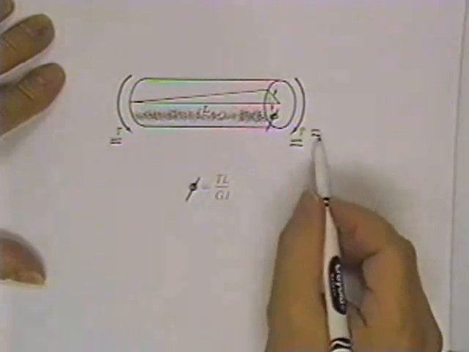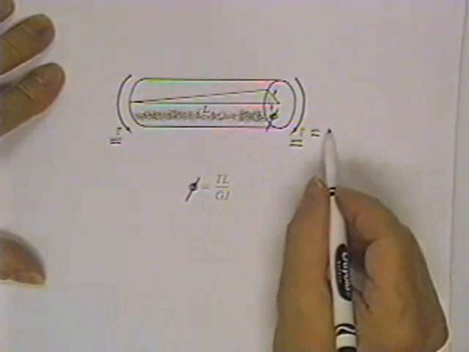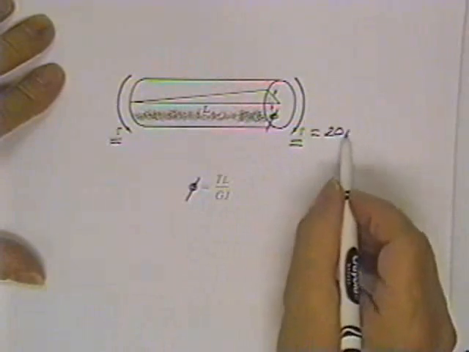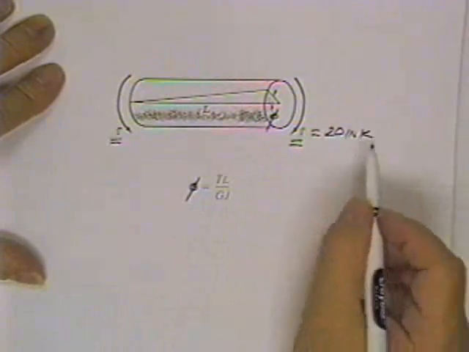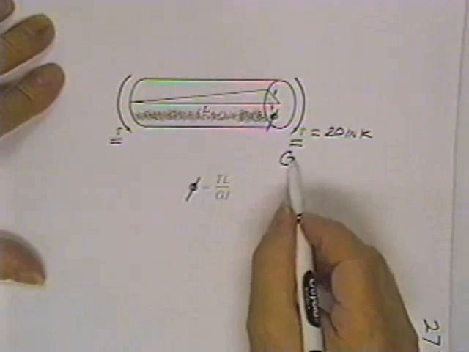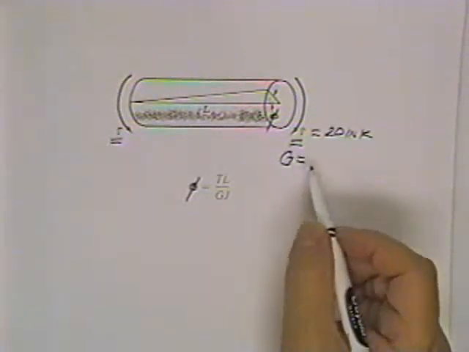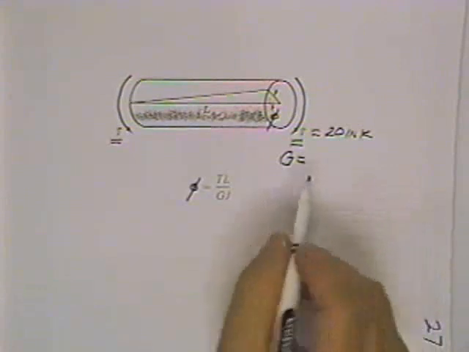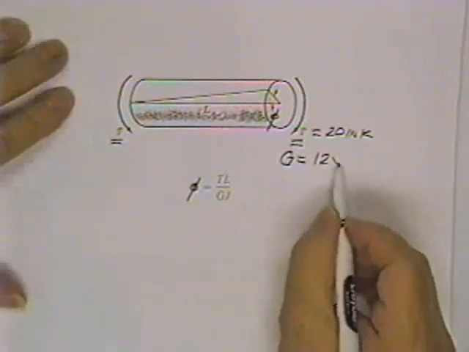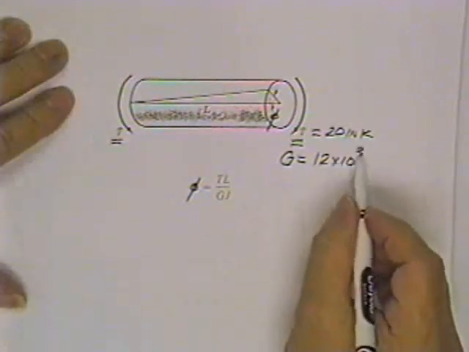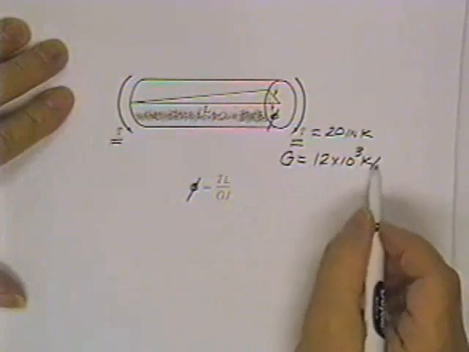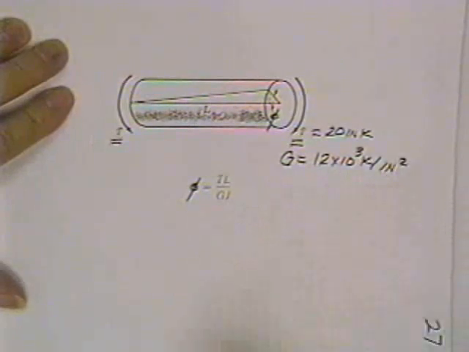So for example, if the torque was 20-inch kips, if the material was steel, modulus of shear for steel 12 times 10 to the 6th, 10 to the 3rd kips per square inch.